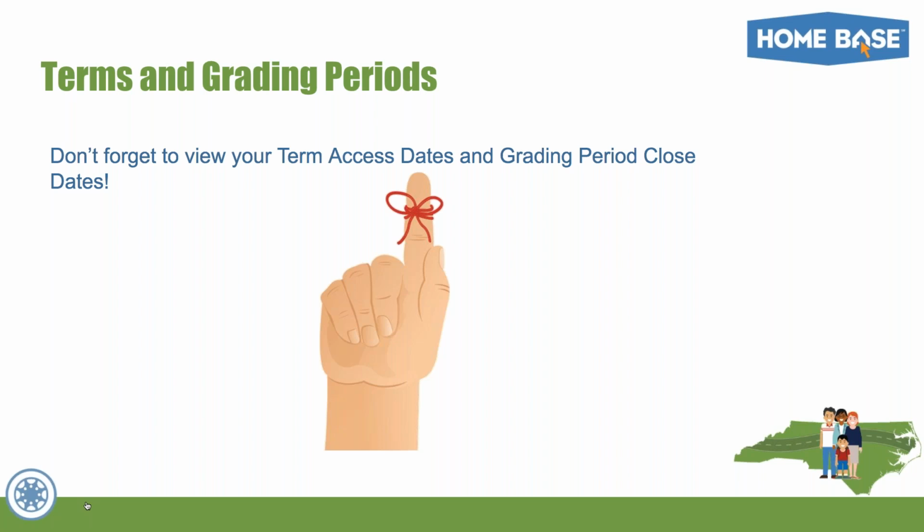So if you are making changes to the actual course term, and I'm not talking about grading periods, then that needs to be done in PowerSchool, and then it will sync to Canvas. We do not recommend that you change term end dates in Canvas.